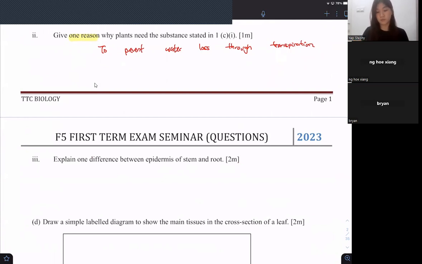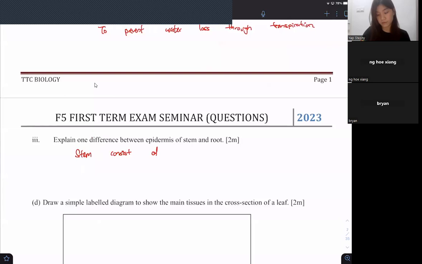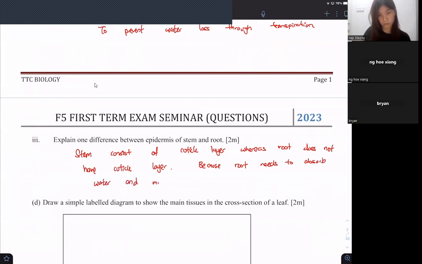So you can write that here. From the soil. Yeah, like this.